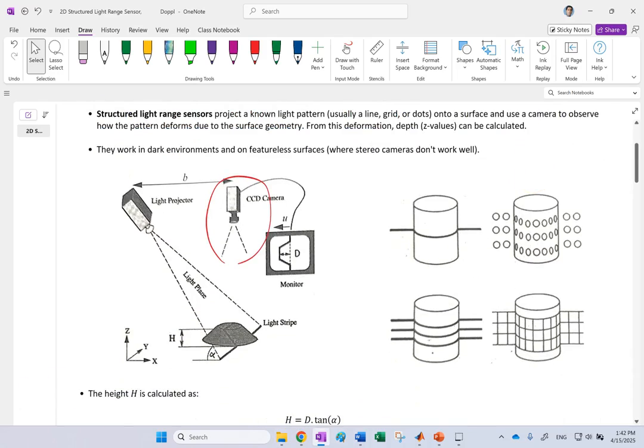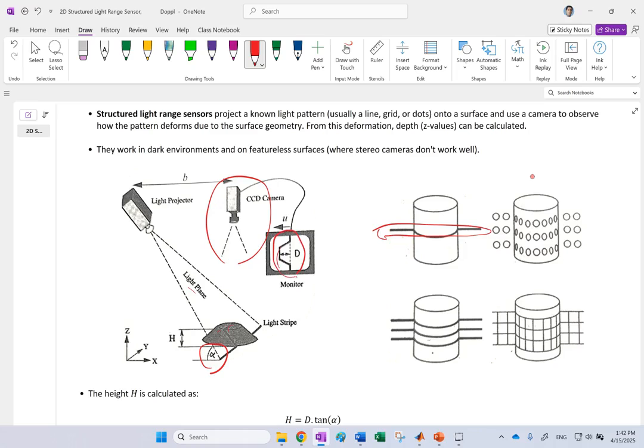Here you see a light projector that casts light at a specific angle alpha. This is a simple surface, a truncated cone. If you shine light on it as a single line, which is used for 1D scanners, what you will see is a profile of it, like a cross section.